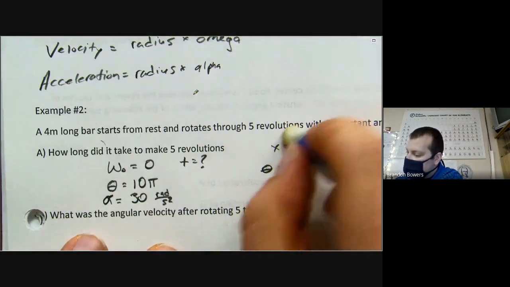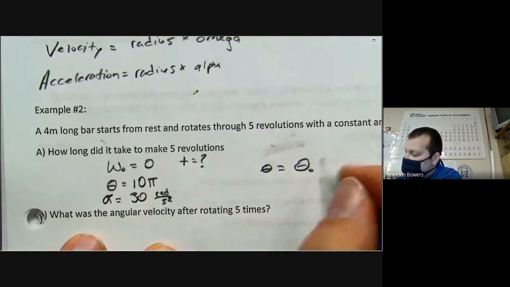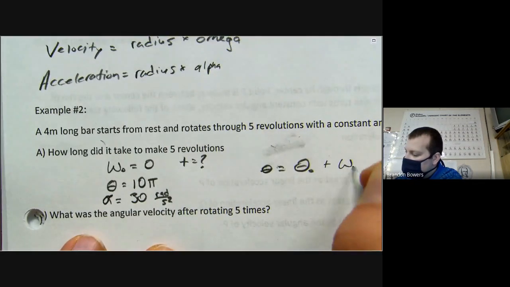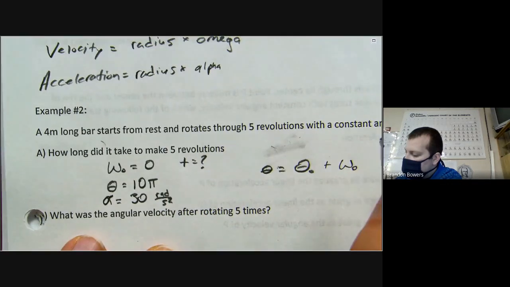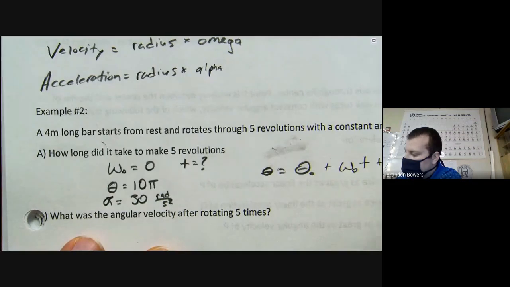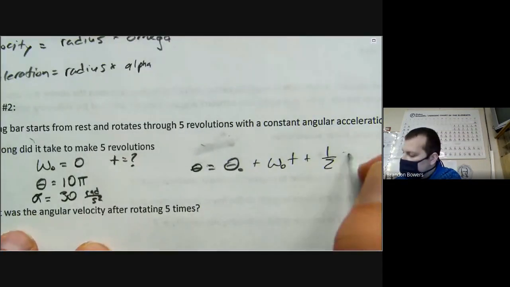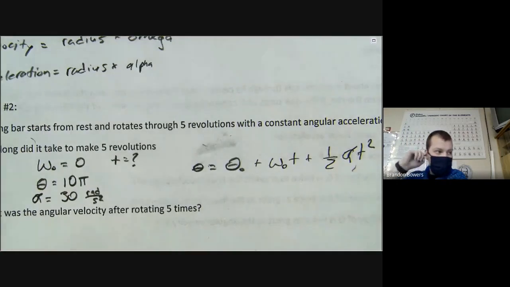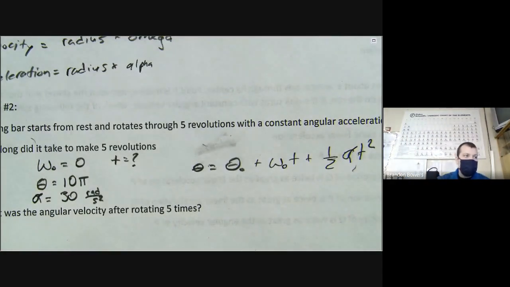Say that one more time. Why are there two initial blocks?